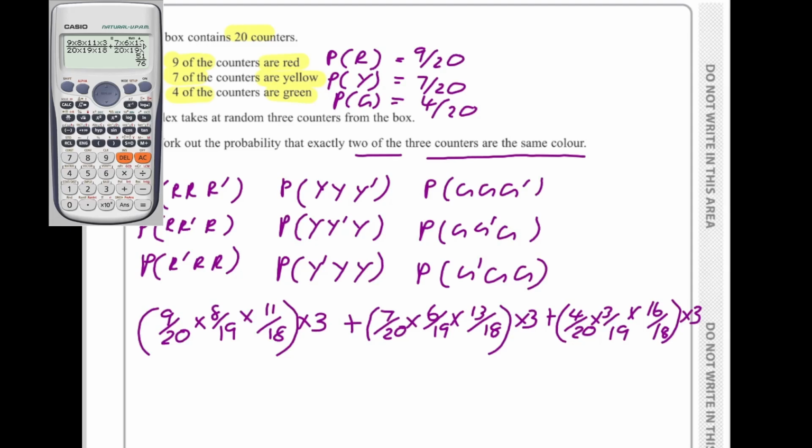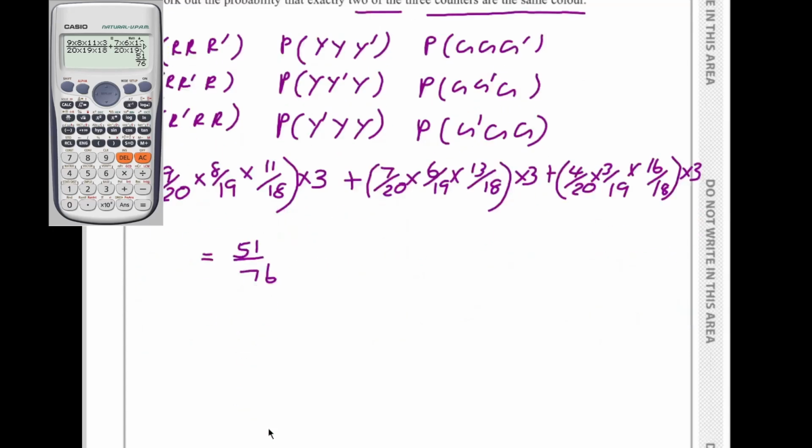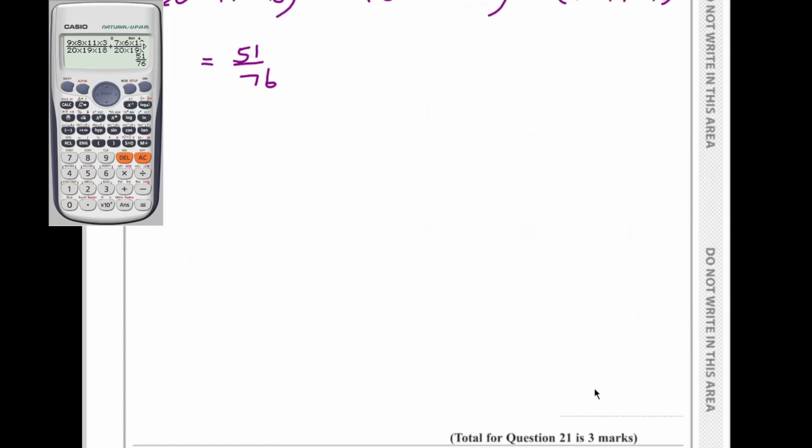So the answer would be 51 over 76. You are getting 3 marks for this one. 51 over 76.